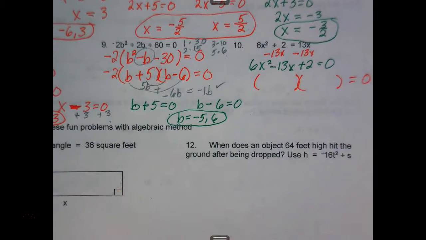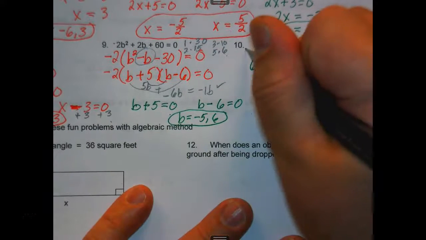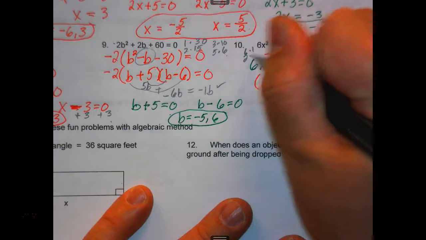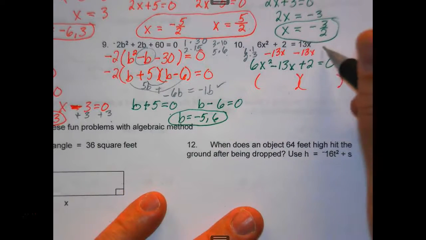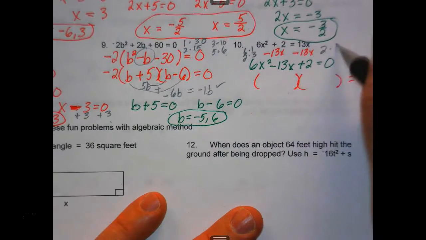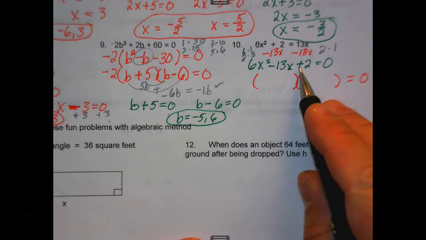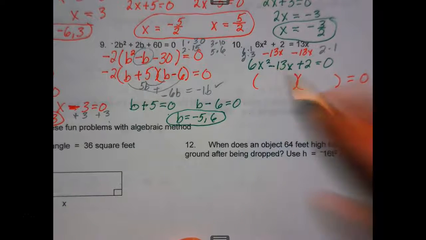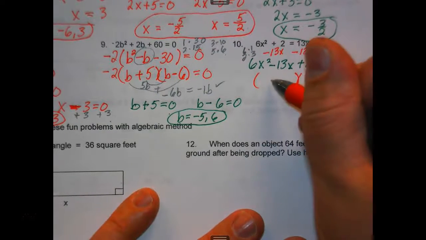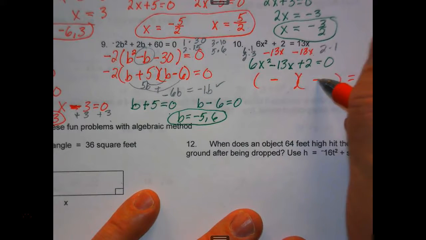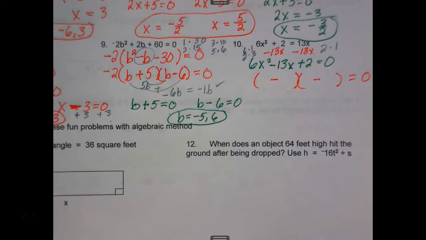Let's see, for 6x, I have 6 times 1, 2 times 3. For 2, I have 2 times 1, that's it. They have to multiply to a positive, but add up to a negative, so they're both negative. Which one?